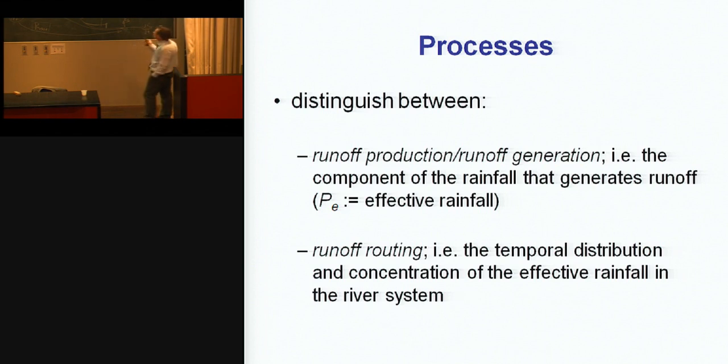That's the temporal distribution and concentration of the effective rainfall. So flowing on the surface or flowing in the rivers and then going to your catchment outlet or to your urban area or wherever you want to measure it. Clear? Difference between runoff generation or runoff production and runoff routing.